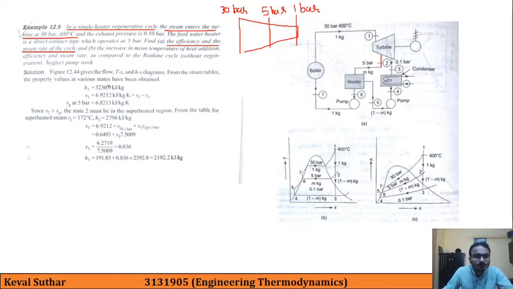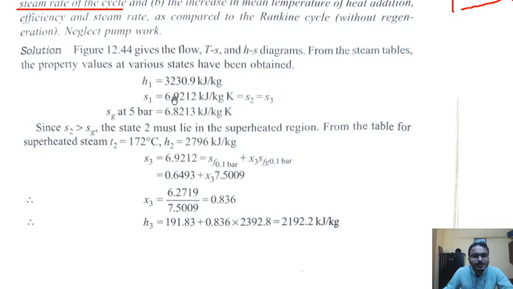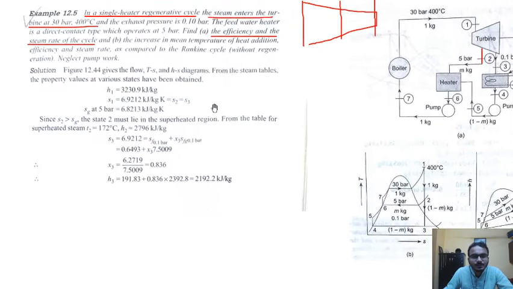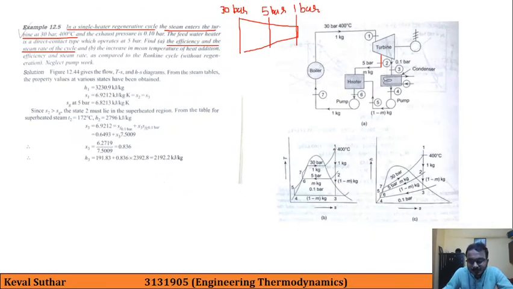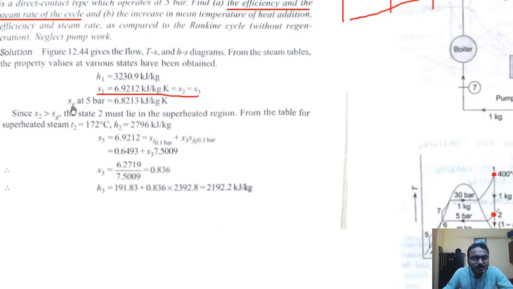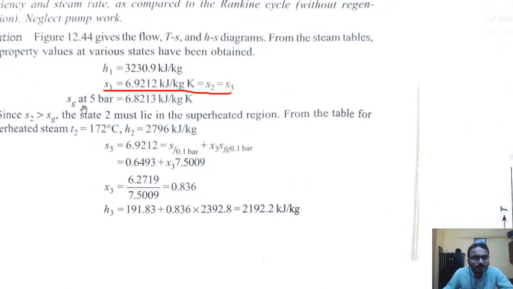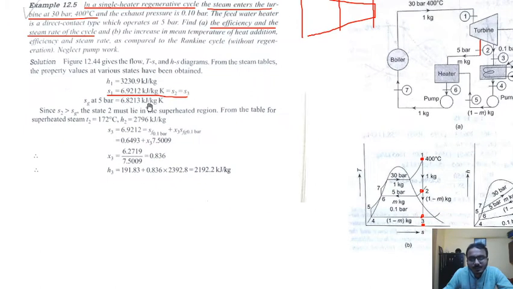First of all, we can get the value of H1 and S1 from the steam tables, and if you see here, the value of entropy at points 1, 2 and 3 will be the same. So S1 is equal to S2 is equal to S3. Now SG at 5 bar is 6.8213.